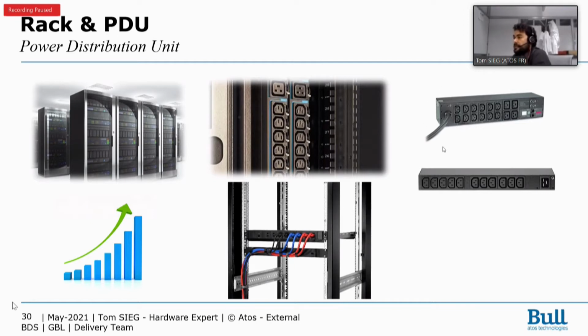You have also a manageable PDU. The main difference is this part. You will be able to connect an RJ45 cable on it to be able to manage it remotely from the network. The manageable PDU allows you to have statistics on the power consumption of each port, and to have remote control on it.